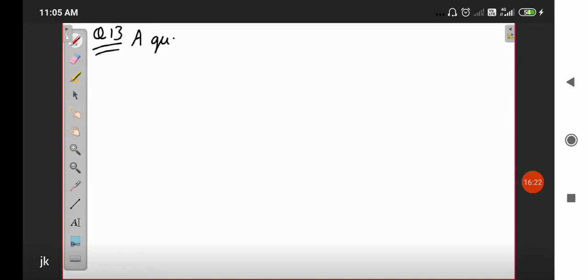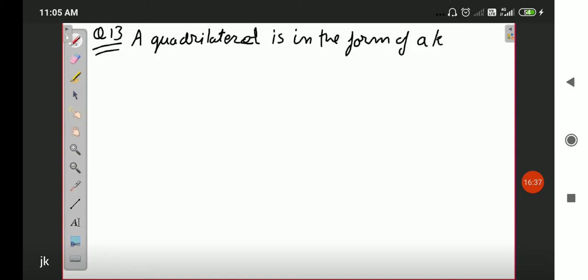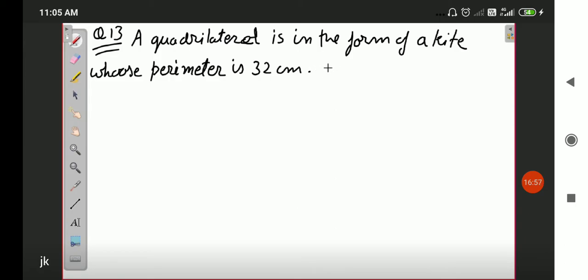A quadrilateral is in the form of a kite whose perimeter is 32 centimeter.